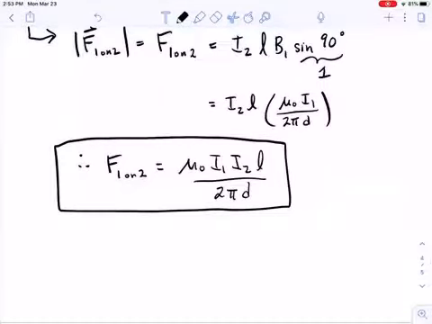And by Newton's second law, it's probably the third law. This is the action-reaction. The force of 2 on 1 would have the exact same magnitude, but the direction would be opposite.